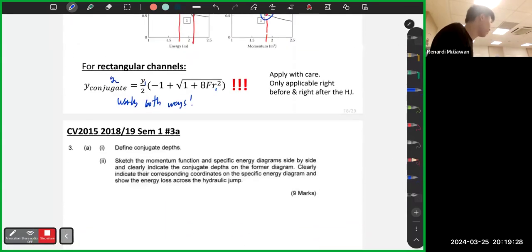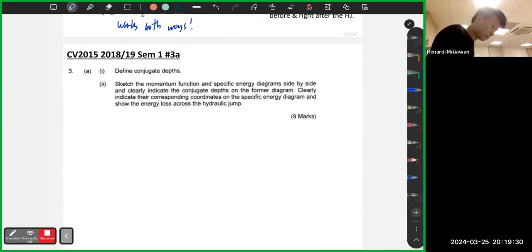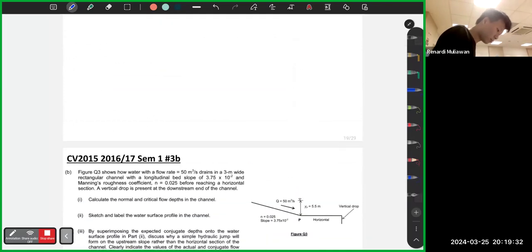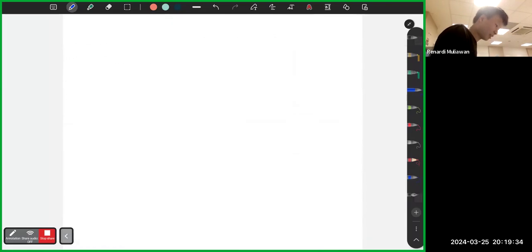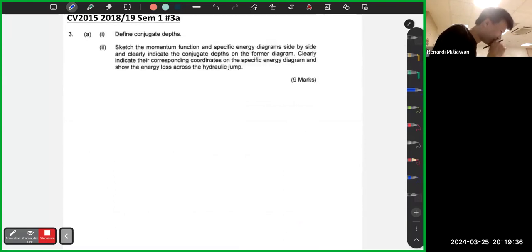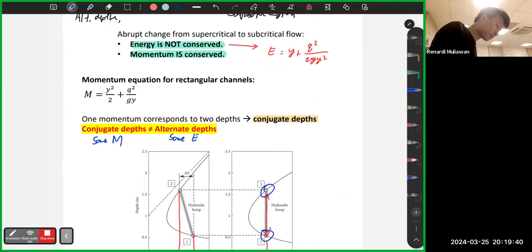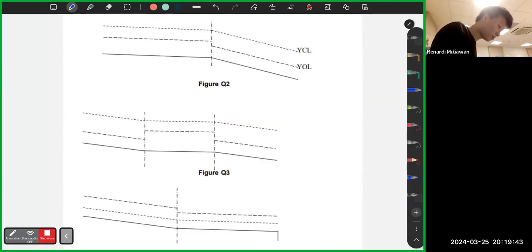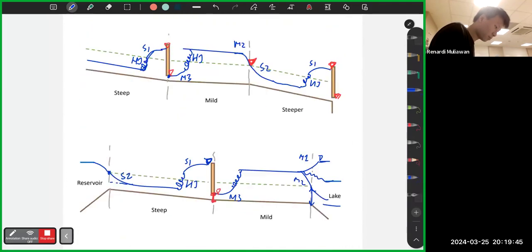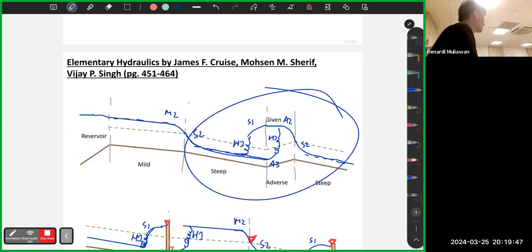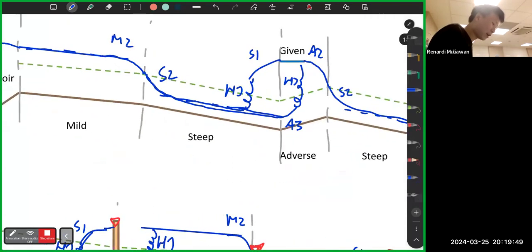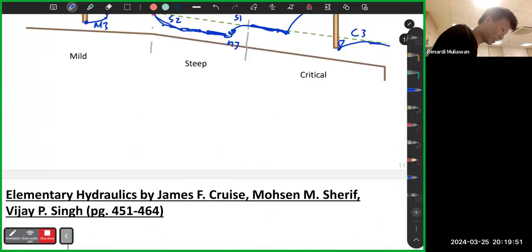So what's the use of this equation? I think I have no time to go to the questions actually, besides the sketching, but I'll show you the use first. Let's go back to our drawing just now. I think this one is easier.